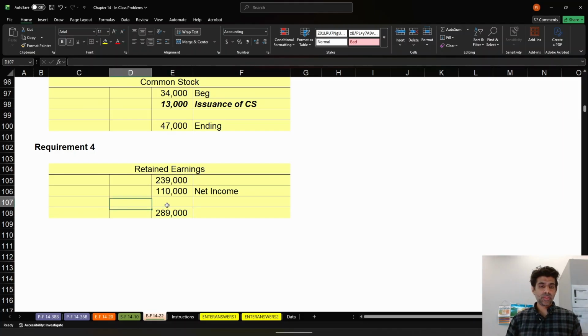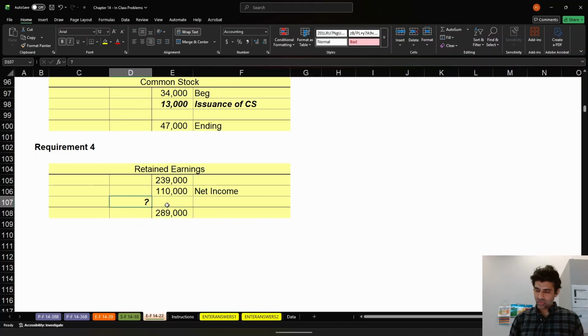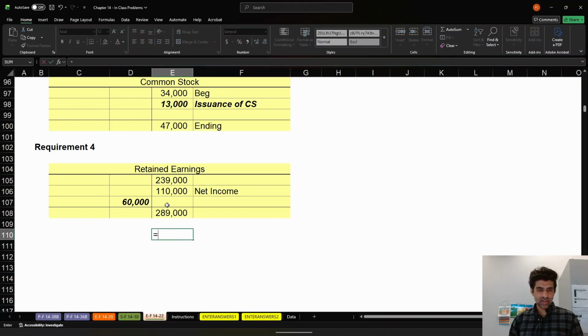Okay, so that means, again, this isn't a quiz, there's some missing debit. How do we figure that out? Well, we can just do this minus this, 60,000. Now let's verify this plus this minus this. Yes.